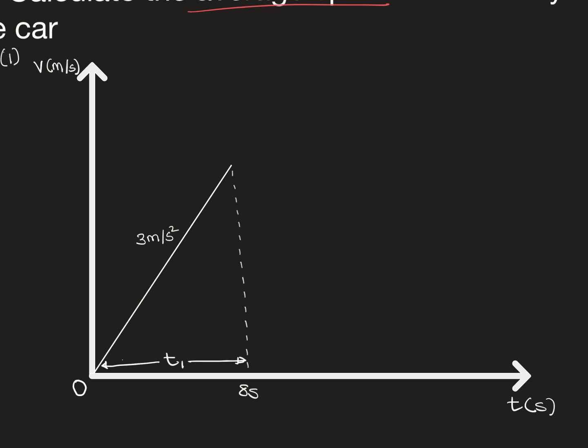It maintains that steady speed for some time. We don't know how long it lasted. So we can just represent it like this. So the duration, while it maintained a constant speed, is not known.